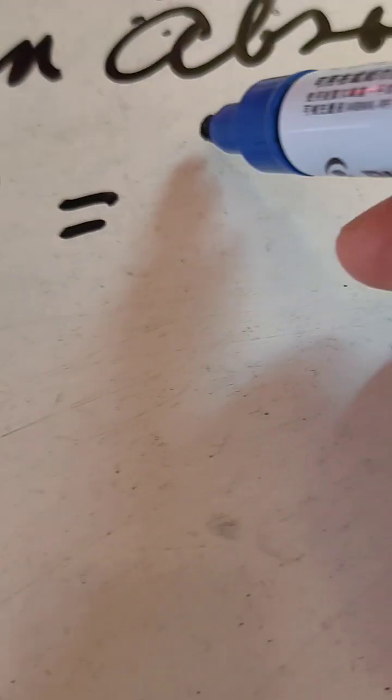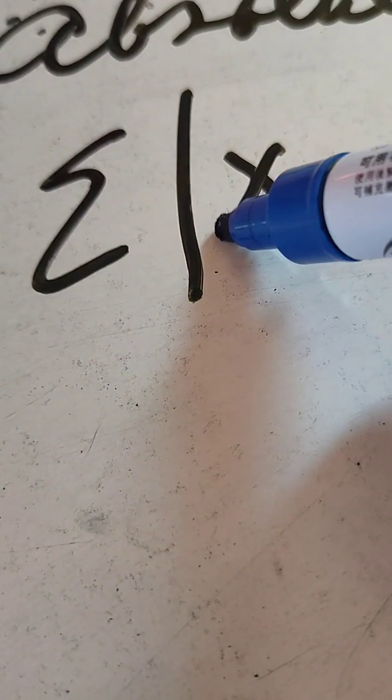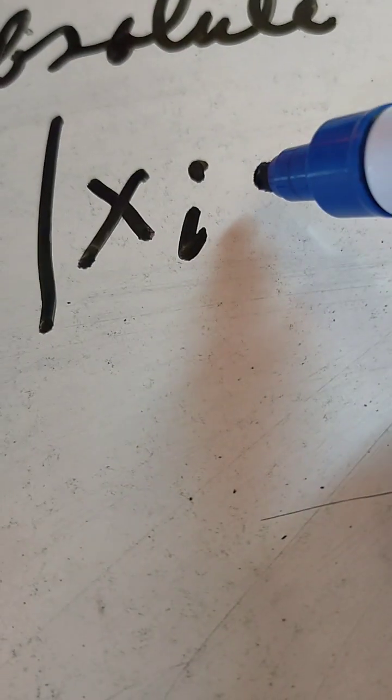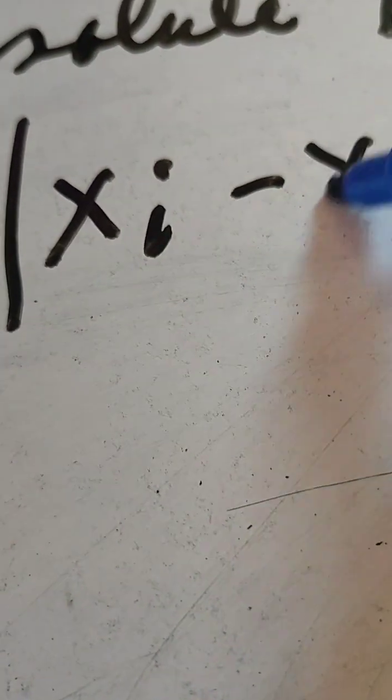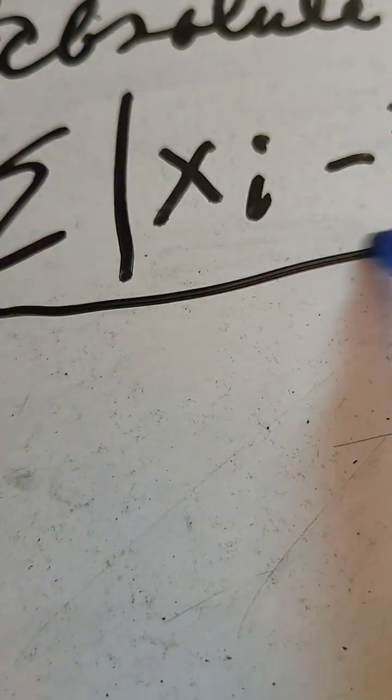Okay, so we call it the MAD. The MAD is equal to the summation of the absolute difference between the observed data minus the mean of the given set of data, divided by n.